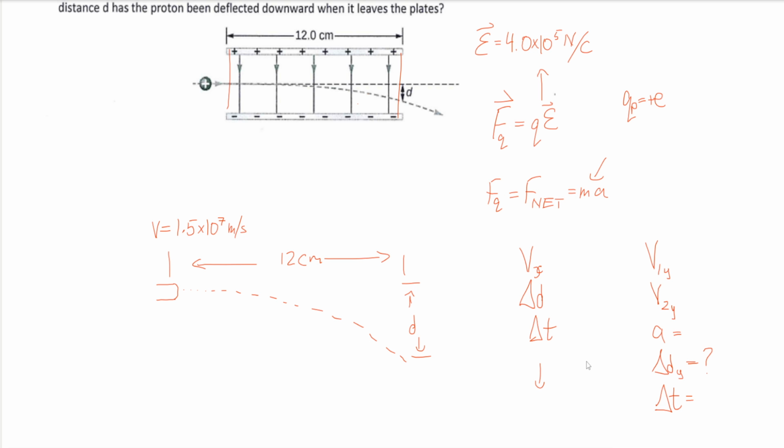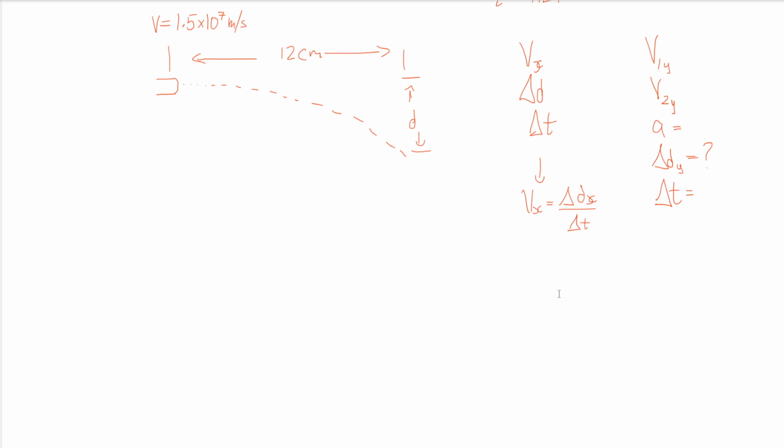For this one, yeah, in the x, Vx is equal to delta dx over delta t. We'll solve for delta t, sub it into the y, and then solve for delta dy. Right?